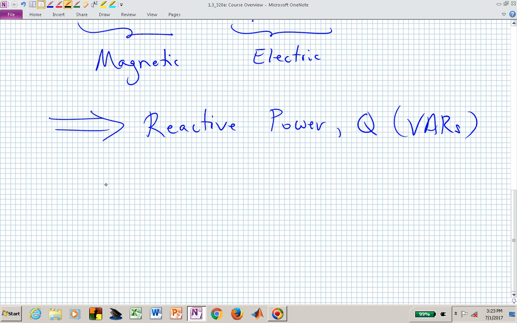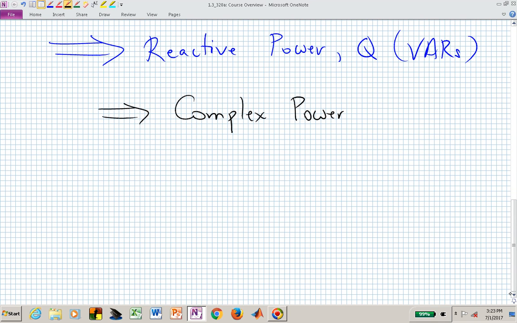And that now leads us to a notion of complex power. That's where we're dealing with the real power. Orthogonal to that is the reactive power, and I want us to get comfortable with right triangles again, back from our geometry days.